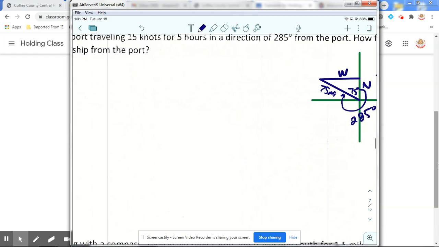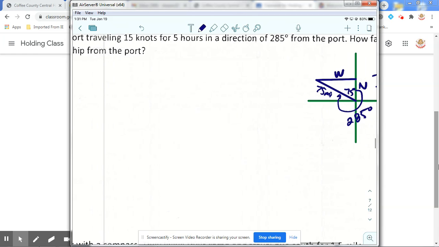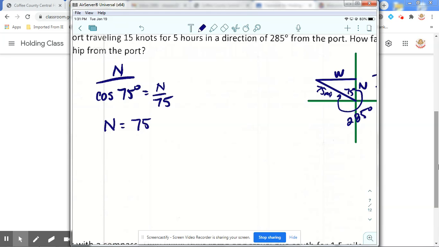Okay, so we are going to do two problems again. So to find our north, we are going to do the cosine of 75 degrees is equal to N over 75. A lot of 75s in this problem.